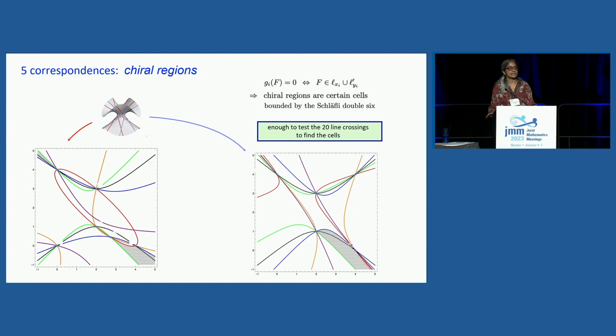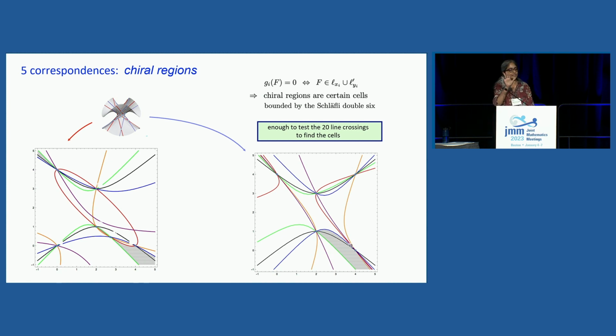But now it turns out that satisfying those degree 6 polynomials is exactly the same as being in certain cells that are given by the line configuration. So I will skip the math exactly, but the chiral regions, you can see them upstairs on this cubic surface as certain cells that are bounded by the line configuration. And under the blowdown, they become cells that are bounded by the conics.